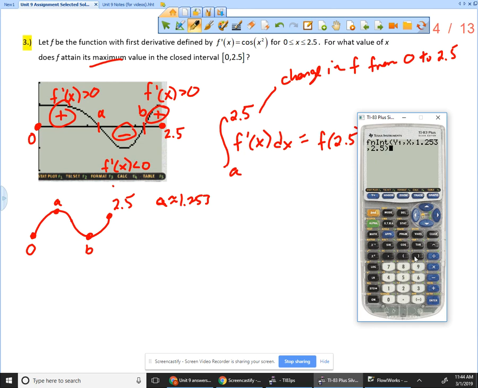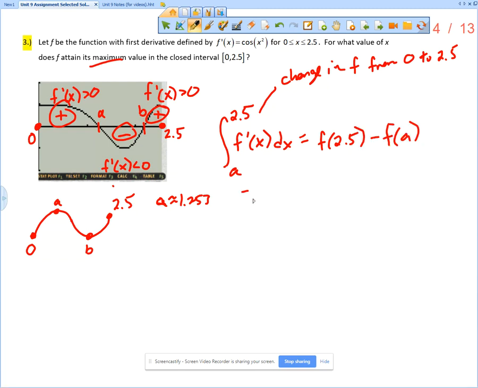I close parentheses and I get -0.372. What does that mean? That means negative 0.372 is approximately what f of 2.5 minus f of A is.